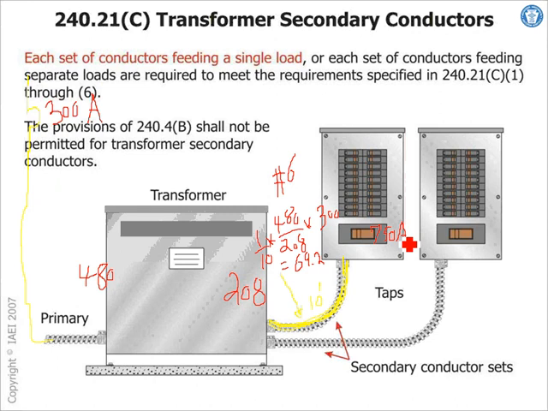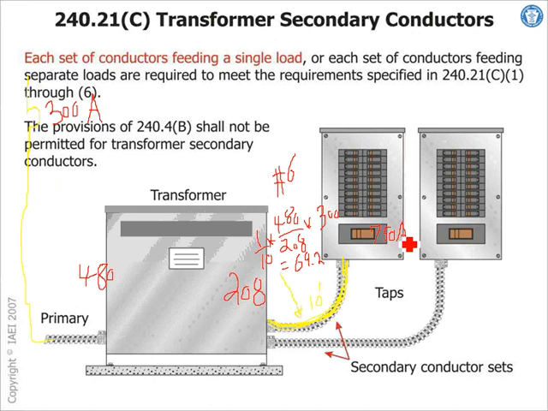And we can have multiple taps from here. You can have another tap on the secondary side. The 25-foot tap, though, has to be in an industrial installation.